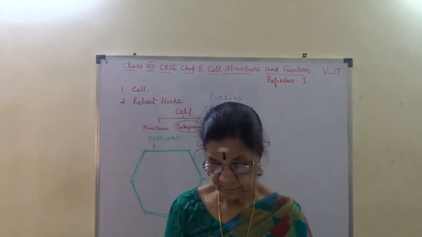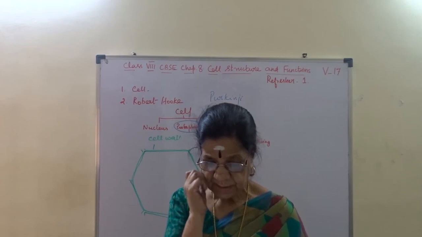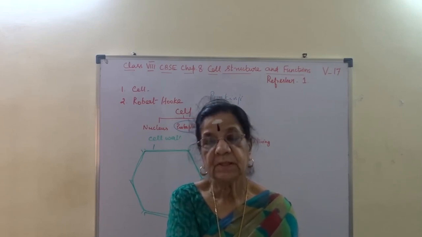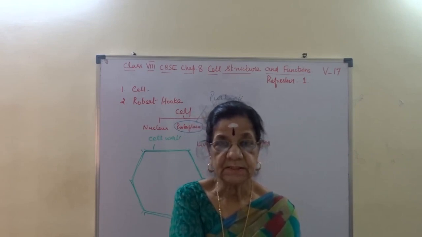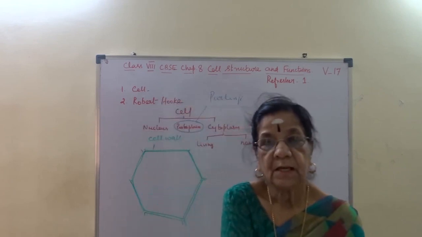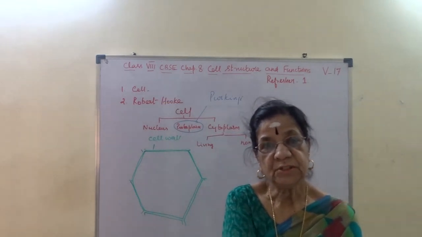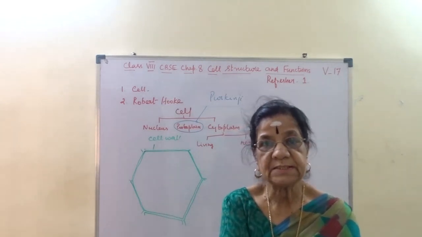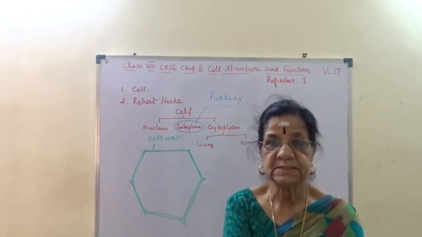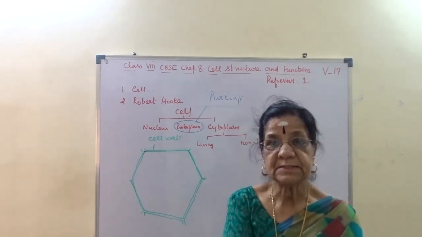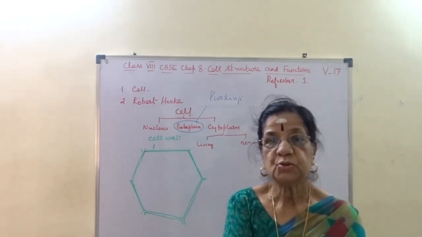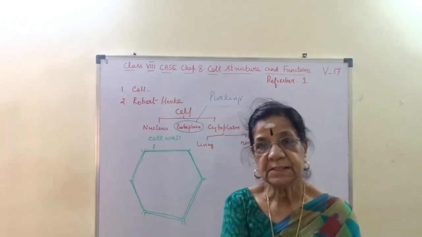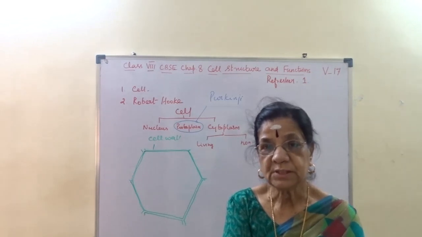Each organ in the system performs different functions such as digestion, assimilation and absorption. We say digestive system, is it not? Starting from the mouth to anus, that includes the digestive system. In that digestive system, the mouth is doing a function. Following that is the esophagus, sending the food from the mouth to the stomach.